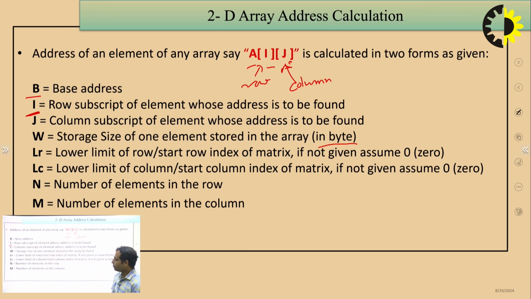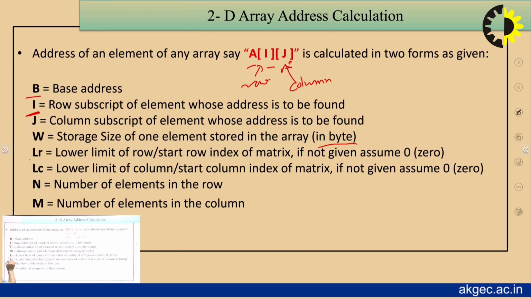Now LR, what is LR? LR is the lower limit, as we have already seen in 1D, L is the lower limit. Now here two lower limits are there, one for row and one for column. For row we denote by LR, the lower limit of the row, or we can say the start row index of the matrix.